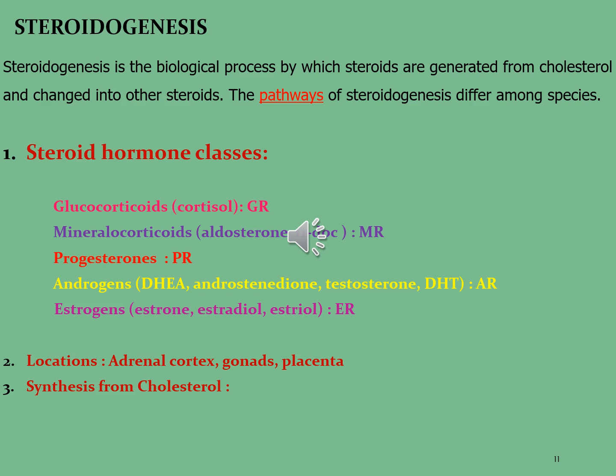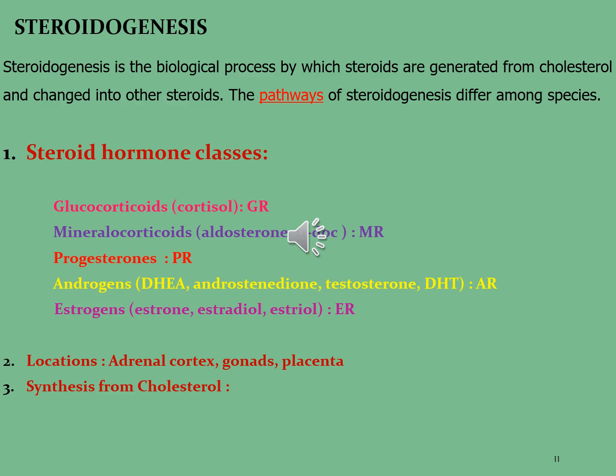The common examples of progestogens are progestins, such as progesterone. The next one is androgens. The common examples of androgens are DHEA, androstenedione, testosterone, and dihydrotestosterone. It is represented by AR, meaning androgen receptor. The last one is estrogens.